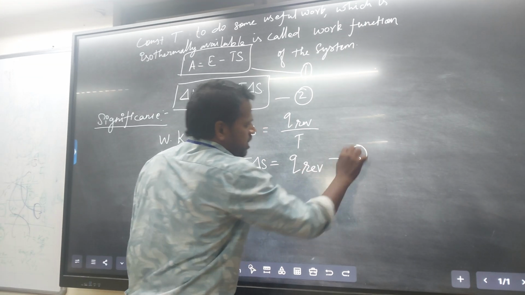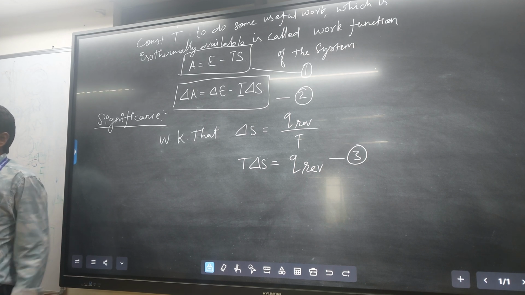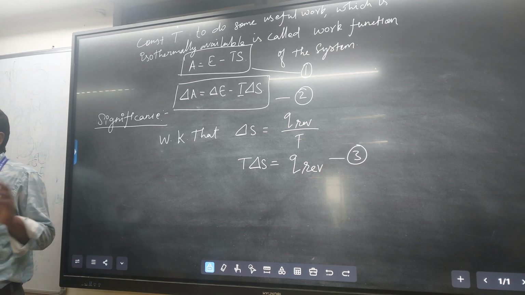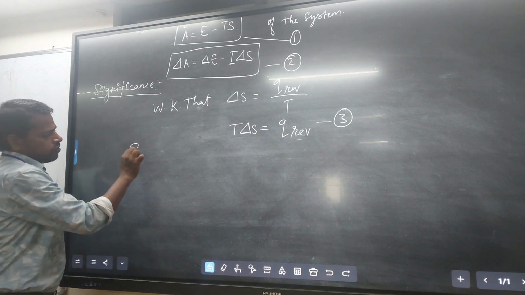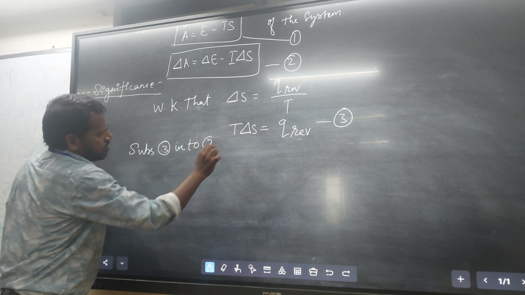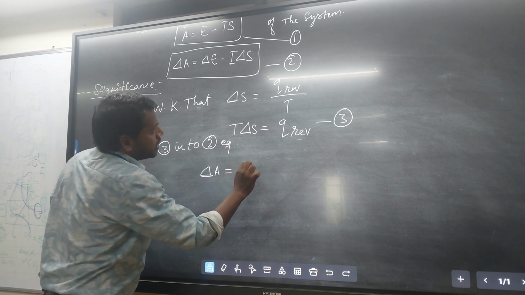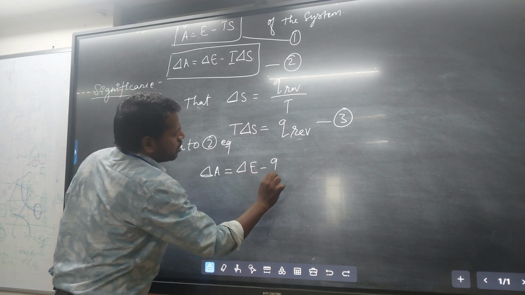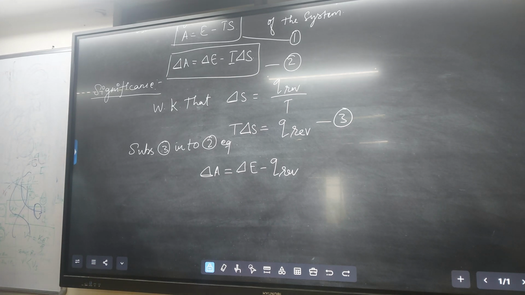Consider this as equation number 3. Substitute the third equation into the second equation. What do we get? Delta A equal to delta E minus Q reversible. You got it?